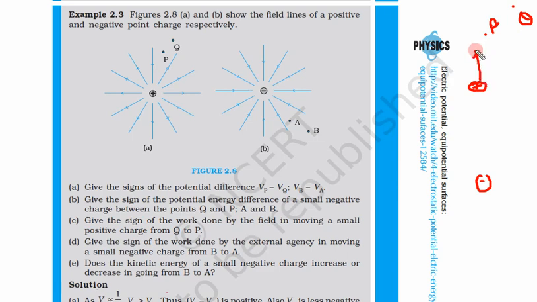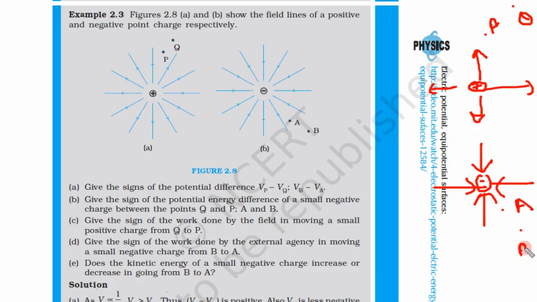This is outward, and for the negative charge it is inward. And A point is near and B point is far here.